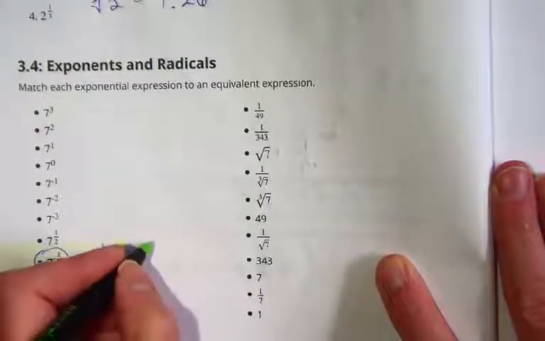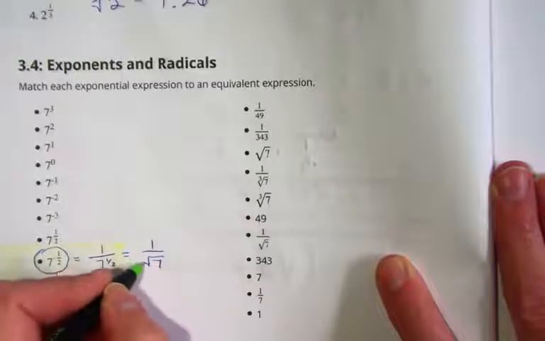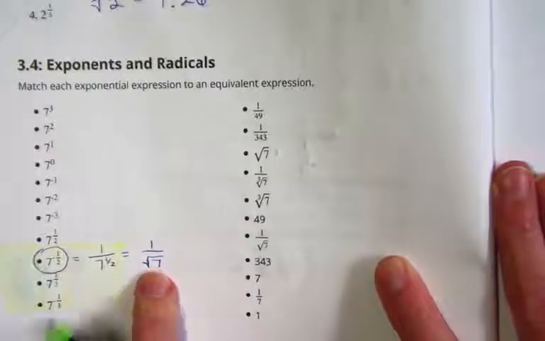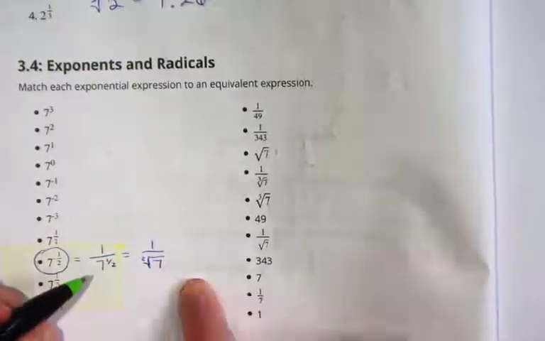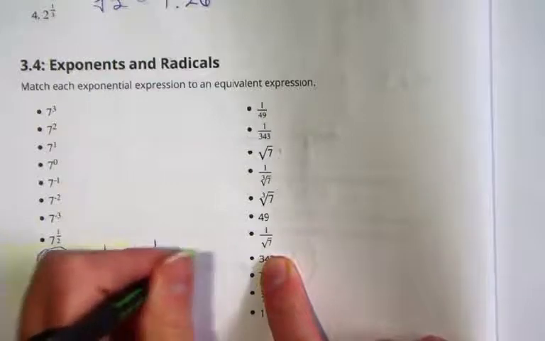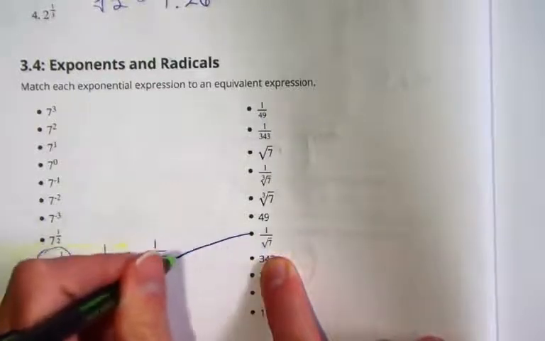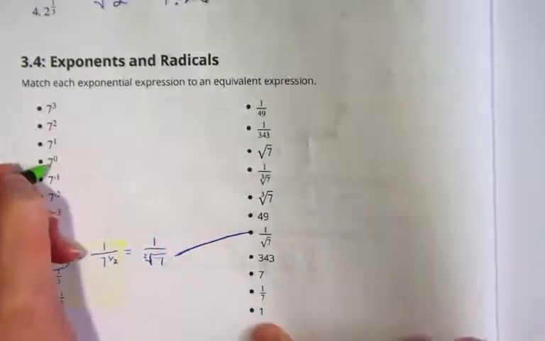And now I'm going to apply this idea about it being a square root of 7. Remember, if there's no number written out front, we assume it's a square, so we assume it's a 2. So if I have 1 over the square root of 7, that's telling me this guy is going to match right here. Anything to the 0 power is 1.